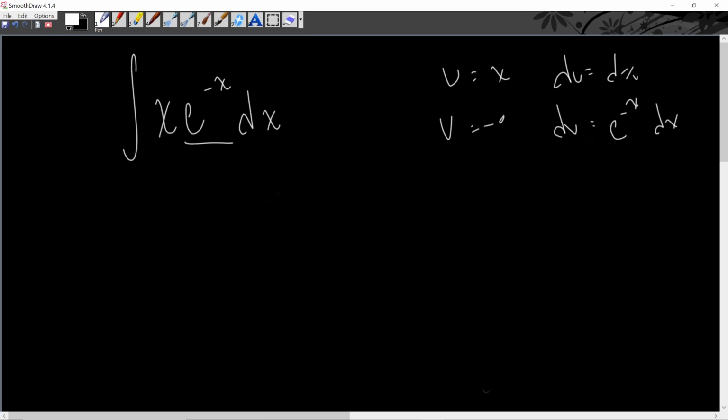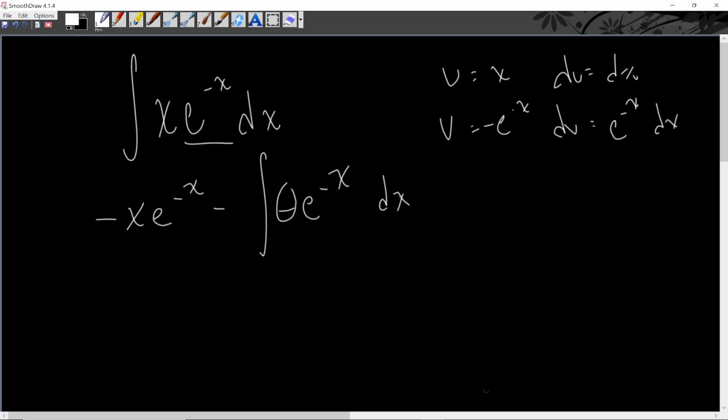But from here, let's write down what we got. We have u times v, so negative x times e to the negative x, minus the integral of v du. Right, so that's going to be negative e to the negative x with respect to just dx.